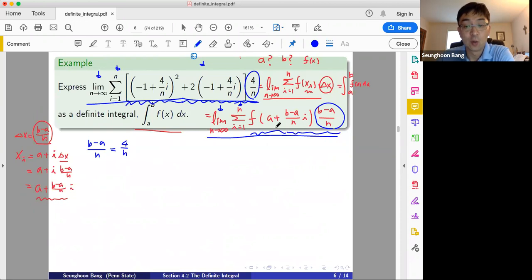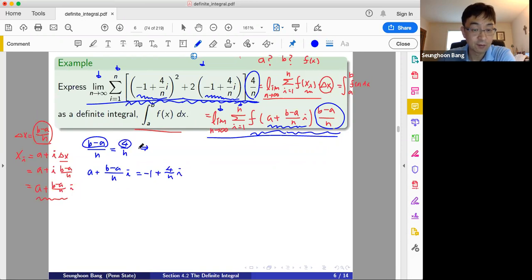Next, what is inside, a plus (b minus a) over n times i? It is the same as exactly the inside one: minus 1 plus 4 over n times i. So from here, b minus a is exactly 4.